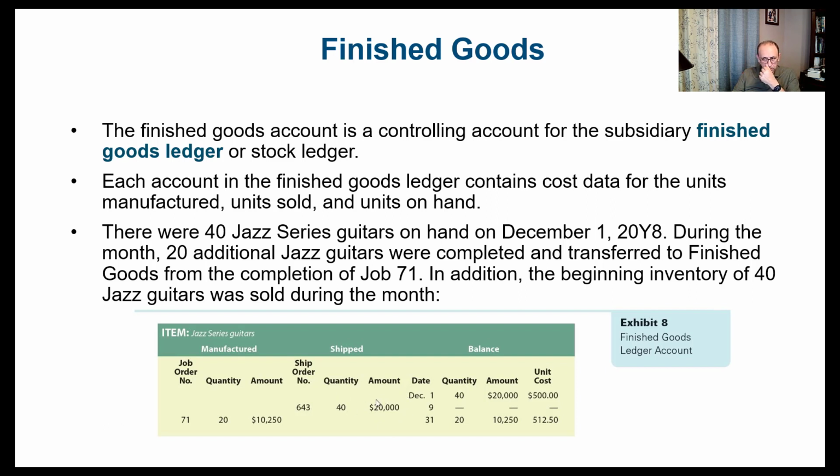So the cost would be reduced by the 20,000, which is our cost. Now the balance is 0. So these were shipped out. And then we manufactured, based on job order 71, 20 units. The total value is 10,250. So at the end of the month, or end of period, December 31st, we have 20 units left, 10,250. If we divide this value by the 20, that would give us the unit cost of $512.50.